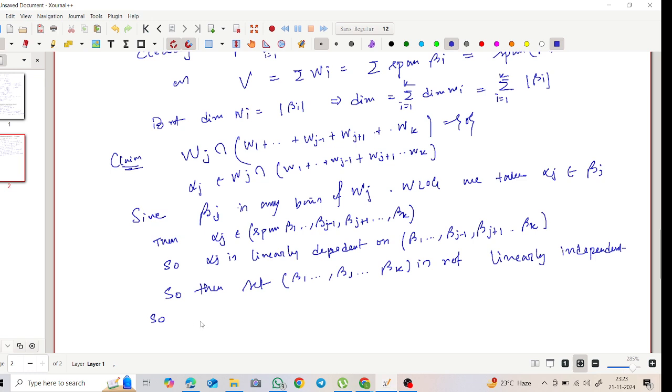So what I am trying to say is that span beta 1 to beta j to beta k, which is V, as we have shown, is strictly less than the summation of dimension Wi equals cardinality of beta i, right?